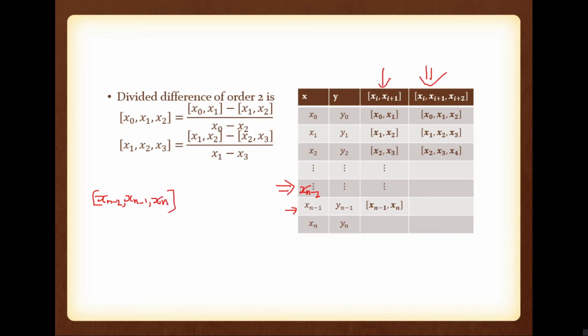Okay. So you can see that the end point is reached here. That is why we are not finding the next one. That is why we are not finding [xn minus 1, xn, xn plus 1]. That is not available. So we can find up to xn minus 2.